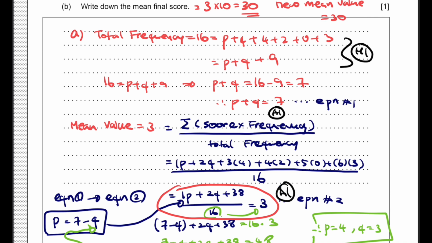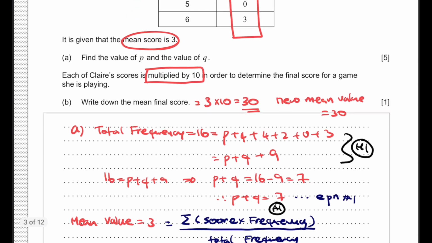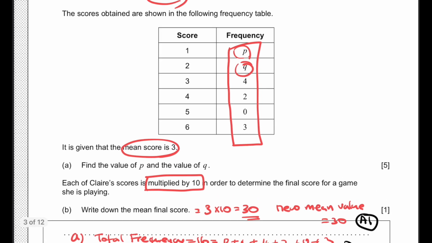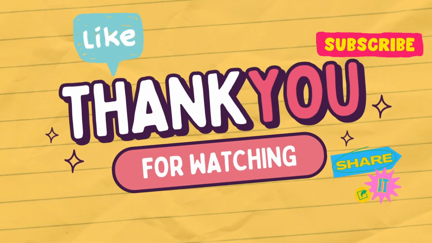So an answer point here, another method point here, and then when you get your final answers, p equals 4 and q equals 3, you get the answer point again. So total 5 marks. And for question B, since you have just 1 point, when you get the new mean score, which is 30, you get the answer point. And that's it for question number 2.